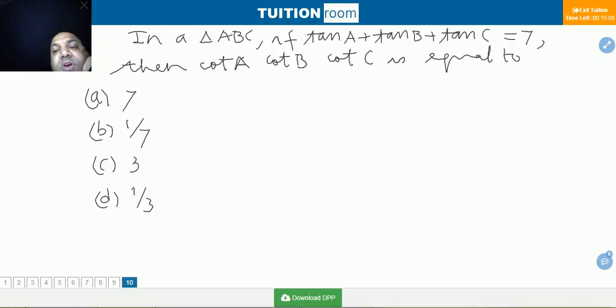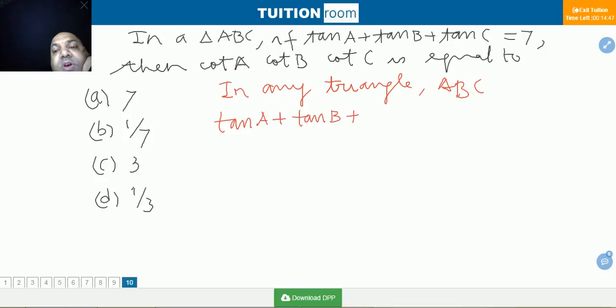The theorem is: in any triangle ABC, tan A plus tan B plus tan C is equal to tan A into tan B into tan C. I am going to prove it, and you are required to remember this result.